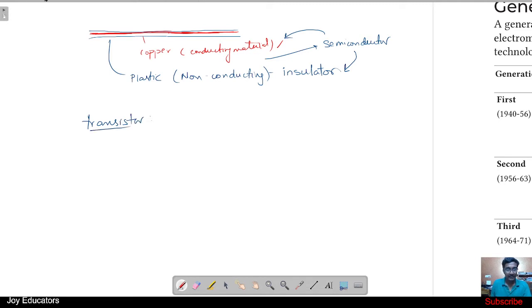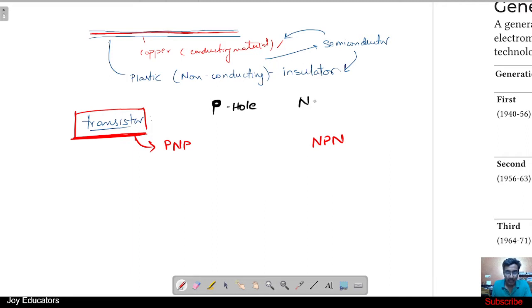So what exactly is a transistor? A transistor is something which amplifies the current. There are two types of transistors: one is PNP, the other is NPN. Simply take this: P has holes, see, there is a hole in P, and N has excess.